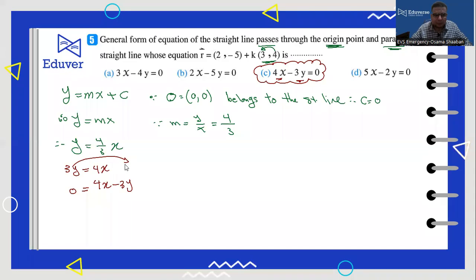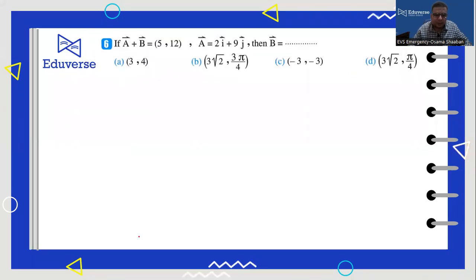another question, number 6. Here you have vector A plus vector B equals 5 and 12. Vector A equals 2i plus 9j. Vector B equals, you can put vector A is 2 and 9 like this. So you can say B vector equals minus A vector, right?